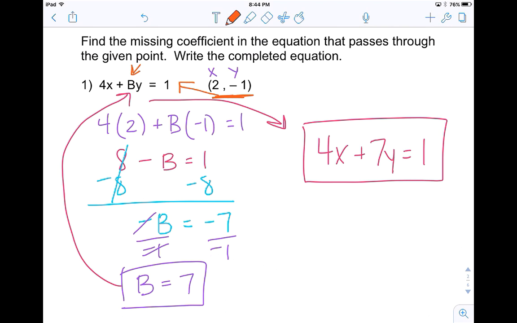So I plugged in 2 for x and -1 for y, and then I just solve for b. Once I have my value of b, which is 7, I just plug it back into the equation they gave me so that I have an equation in standard form.